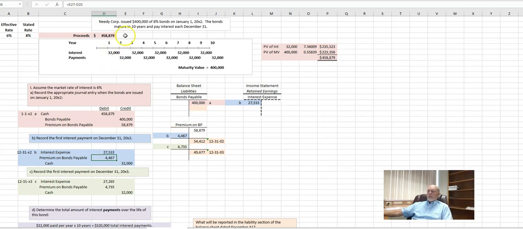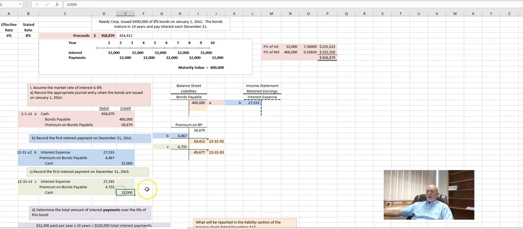And so now the remaining carrying value is equal to that 400 face value plus the remaining premium. And so you'll see that the carrying value is gradually coming down. In the second year, the interest expense will be equal to that new carrying value, the carrying value at the beginning of that period, times the effective rate.